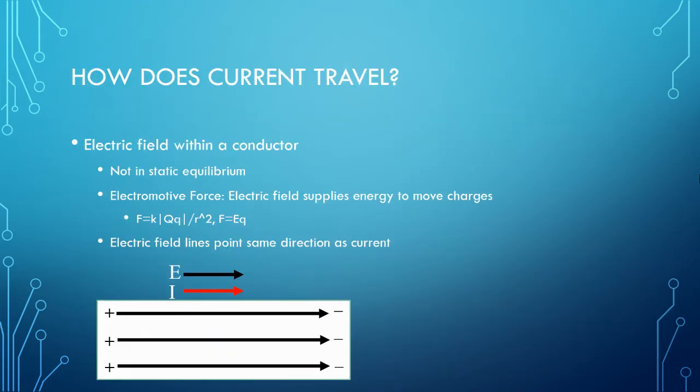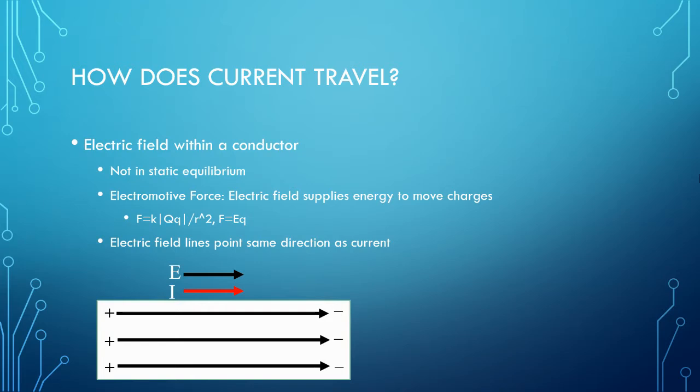So how does current travel? Current, or charged particles moving through a conductor, need energy to make them move. We're not in static equilibrium here, where charges aren't moving; charges are moving. What provides that energy is the electric field inside the conductor. Normally in static equilibrium, we don't see an electric field inside the conductor, but with current, when charges are moving, we do.